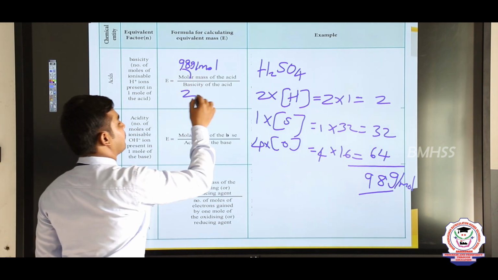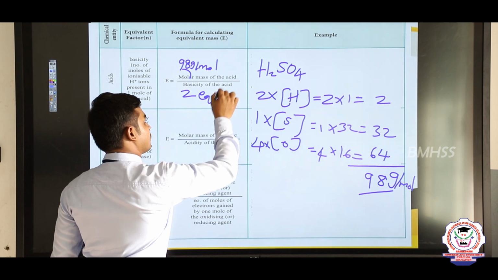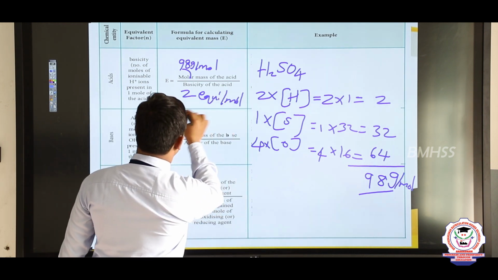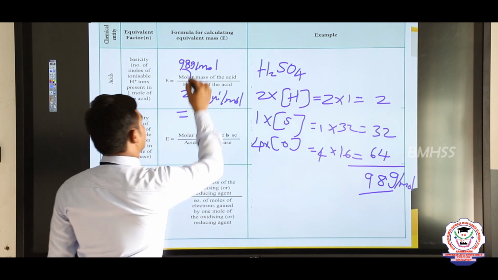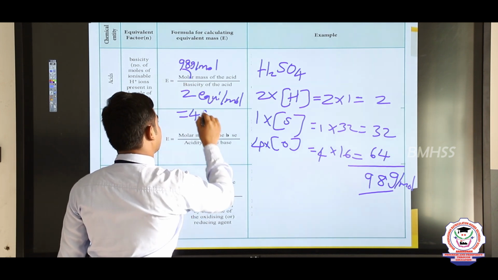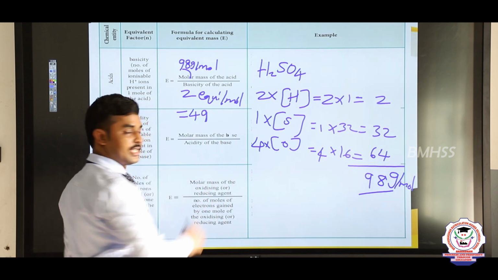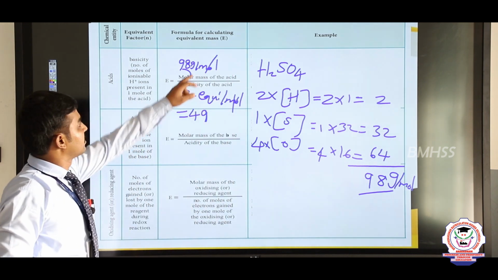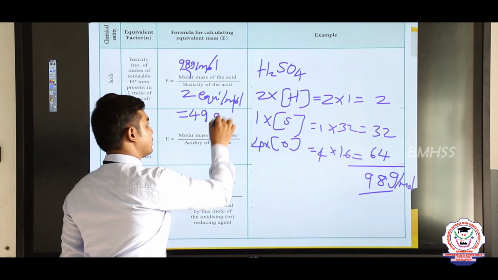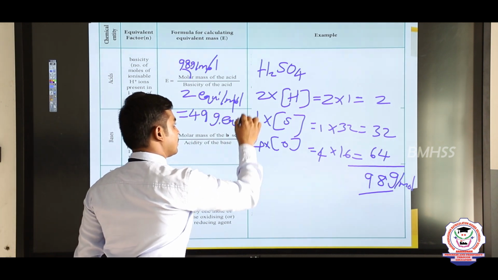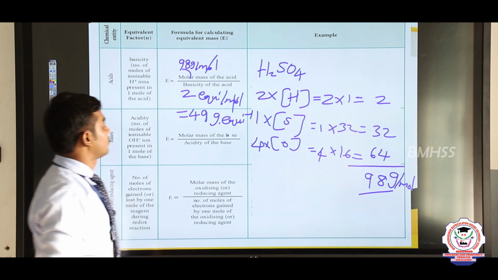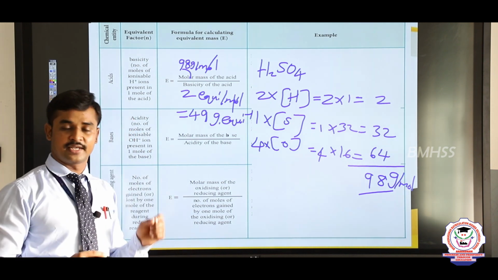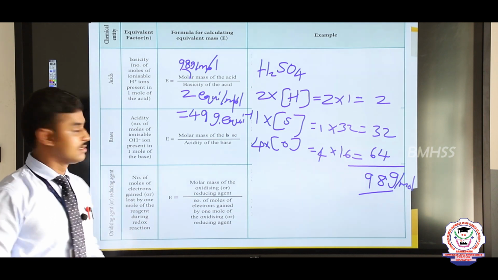When we divide 98 by 2, we get 49. For the unit, we eliminate the mole, and gram divided by equivalent is written as gram equivalent inverse. So, the equivalent mass of sulfuric acid is 49 gram equivalent inverse.